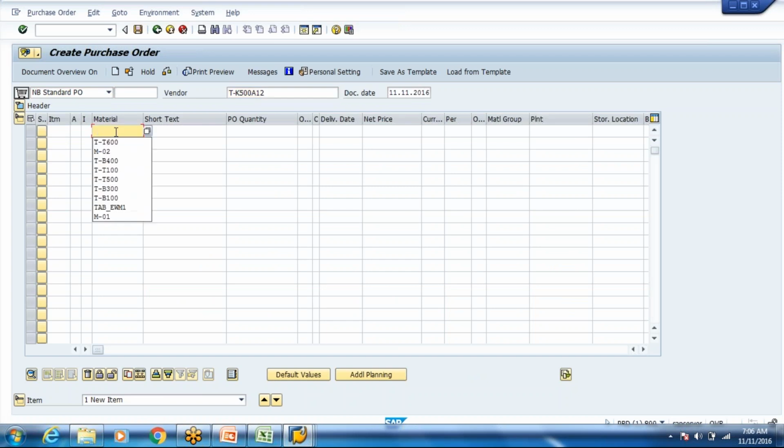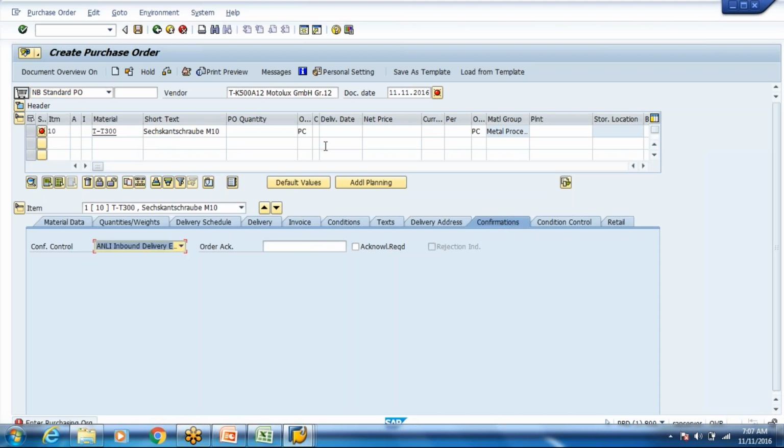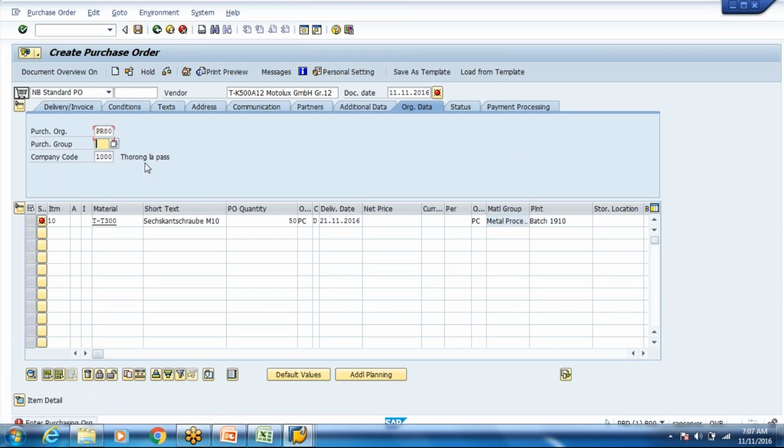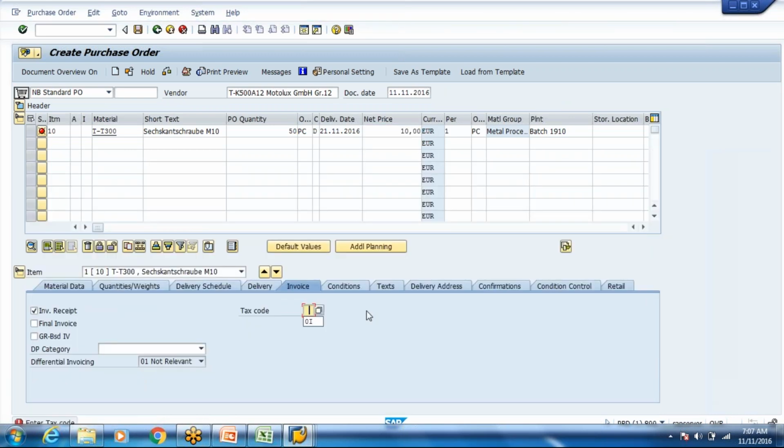I'll create a purchase order accordingly. Let me take 50 pieces. Here I save my purchase order. Then I'll create a delivery.